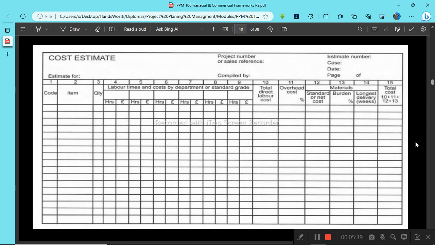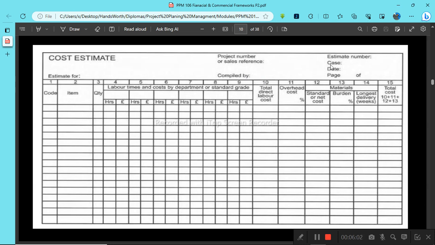If you can see, under the first row, it has indicated project number or sales reference, compiled by. This, of course, will be the name of the person in charge under the finance department with regards to estimation of costs.